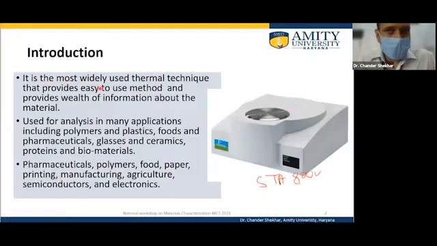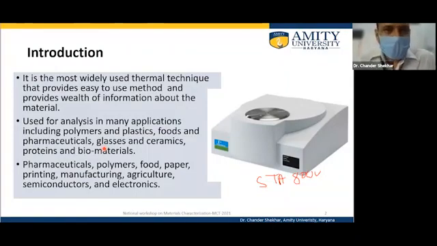DSC, or differential scanning calorimetry, is the most widely used thermal technique among the various techniques that are available for material characterization. Various types of materials, whether they are plastics, foods, edibles, pharmaceuticals, glasses, ceramics, amorphous materials, biomaterials, alloys, superalloys, all sorts of materials can be characterized.